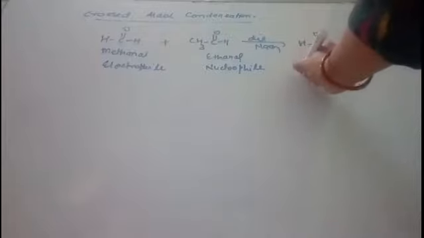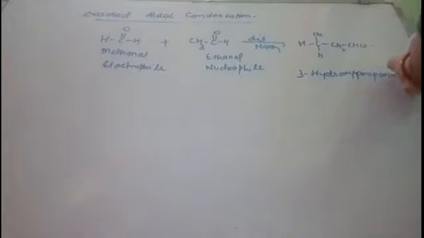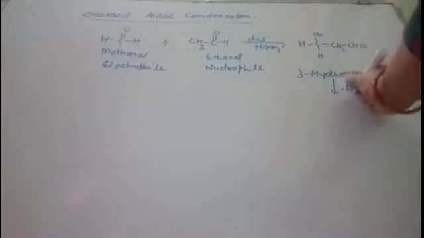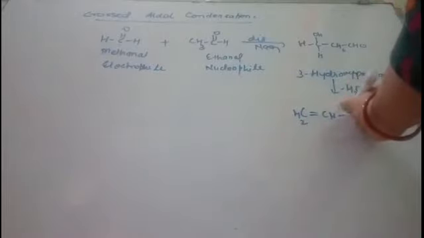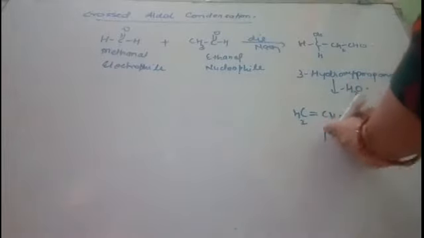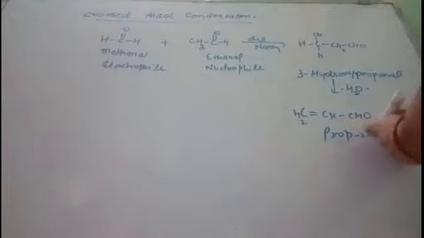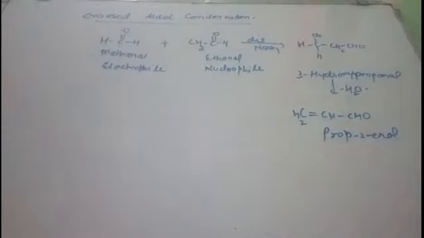Okay, this is 3-hydroxy propanol. Now it will undergo dehydration to give you prop-2-enol. So aldol condensation can be undergone.